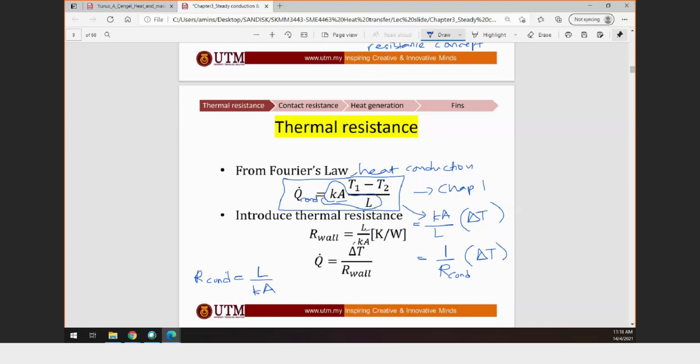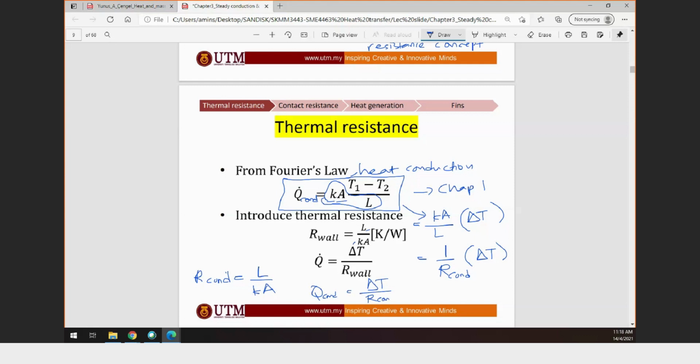By replacing this L over kA with R, you can get Q conduction simplified into delta T over R conduction, or R wall.